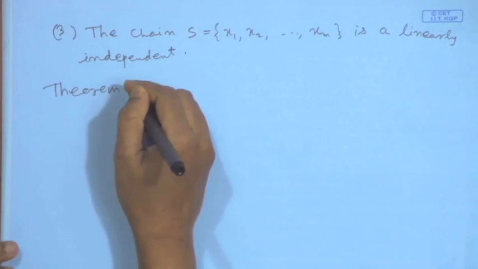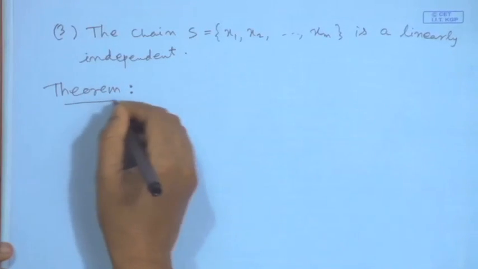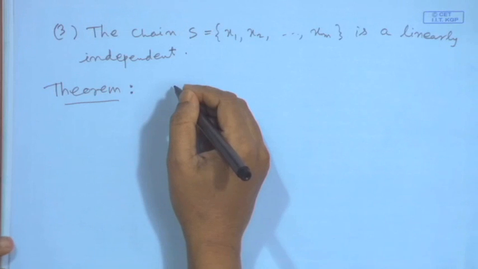Here we shall write some known results. We shall use these results for finding the Jordan canonical form of a matrix.